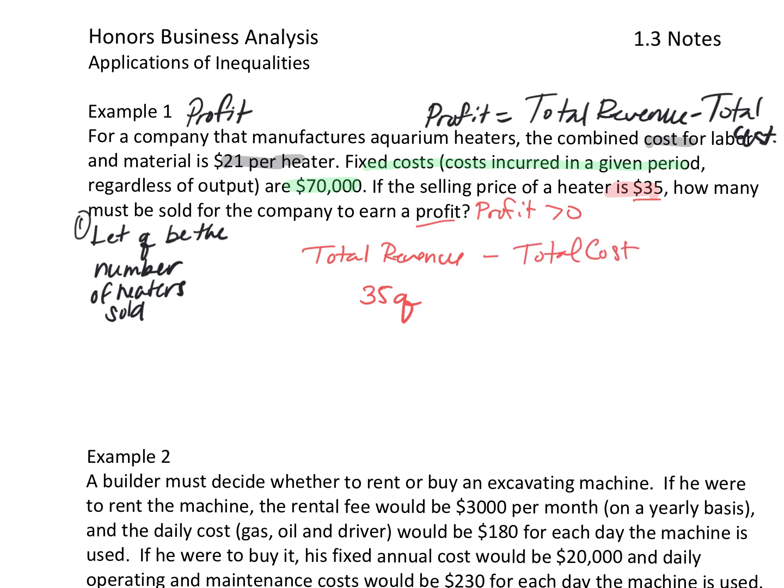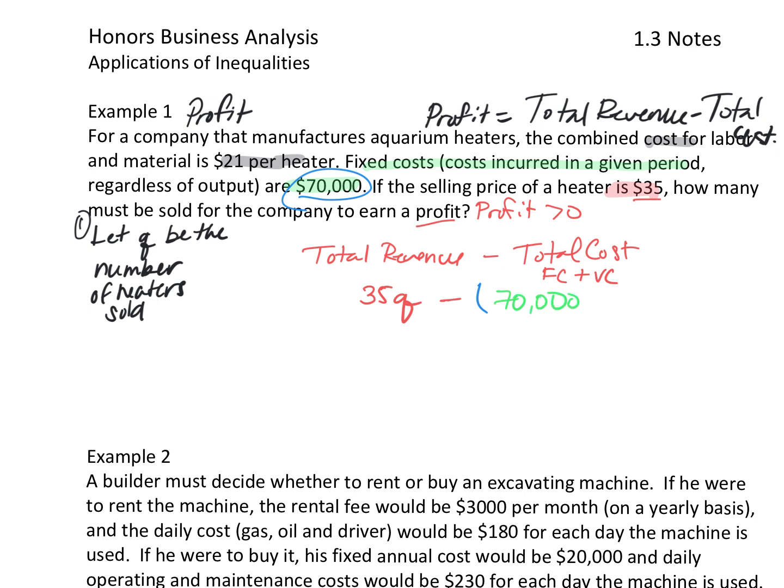Remember, total cost is the fixed cost plus the variable cost. So be careful, make sure that you put yourself in parentheses here so that you distribute correctly. The fixed cost for us, no matter what, is $70,000.